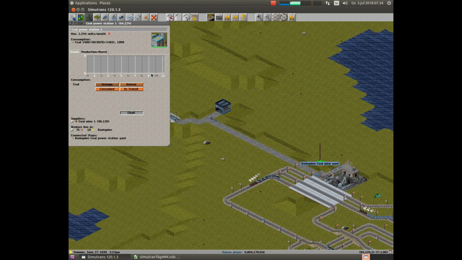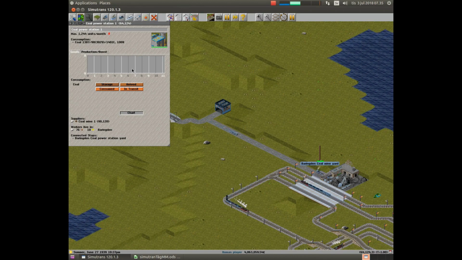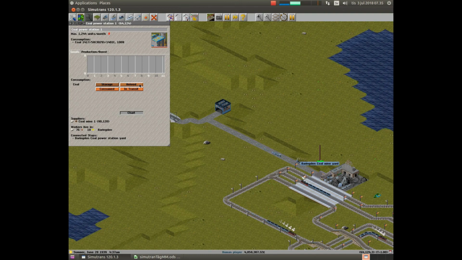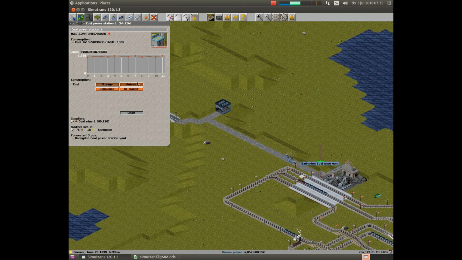But when you have several different suppliers because there is not enough cargo produced by one supplier, there is a very efficient way to find out how much is actually delivered. And that is only to click here. And you can see consumption, in transit and so on.